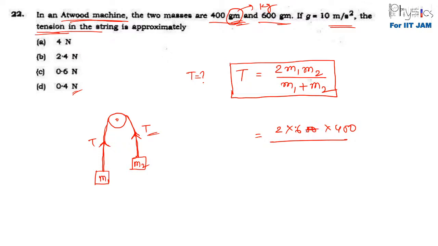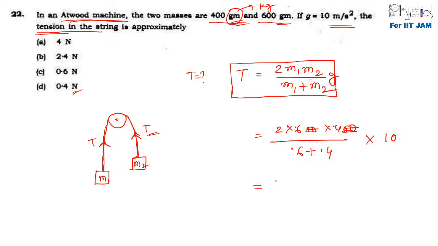0.6 kg times 0.4 kg divided by 0.6 plus 0.4, right? So multiply it by g, it is g here, I forgot to write. It is 2 m1 m2 by m1 plus m2 times g, that is 10 here.